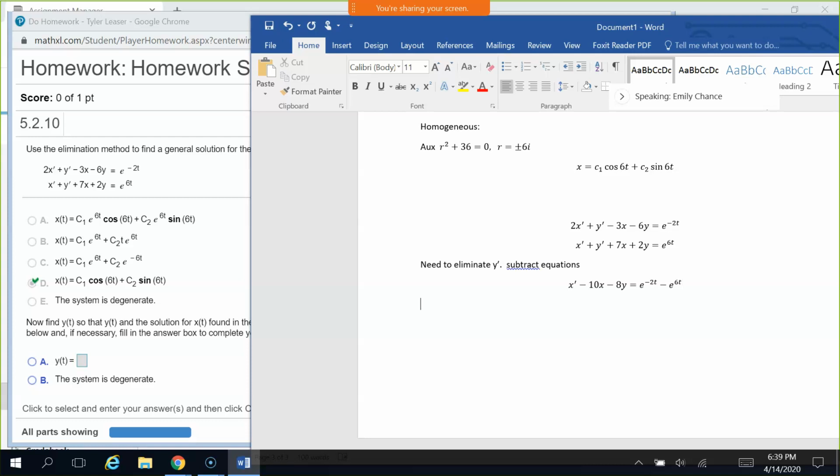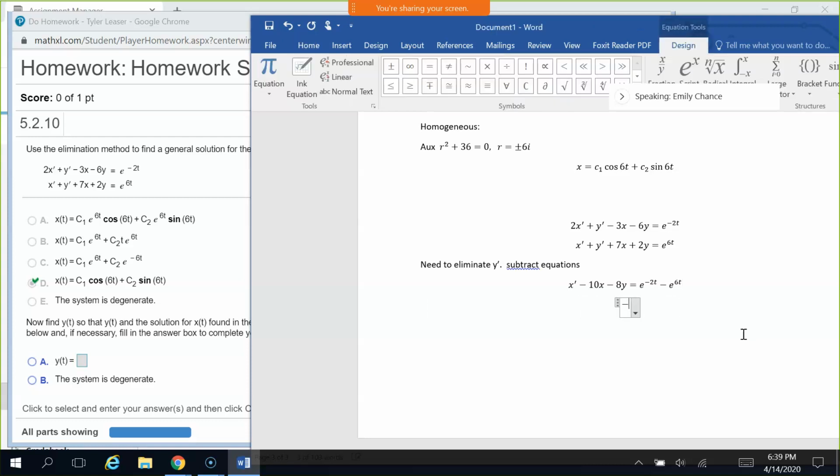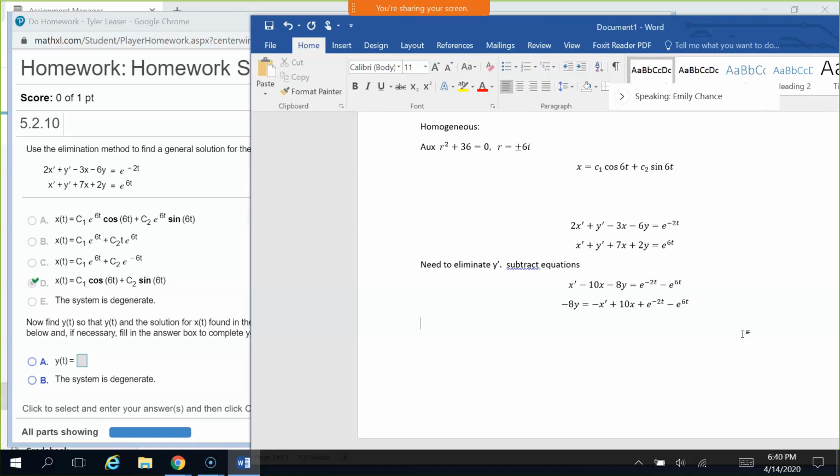And then the same thing, we want y by itself. So we'll get that negative 8y by itself first. Divide everything by that negative 8.